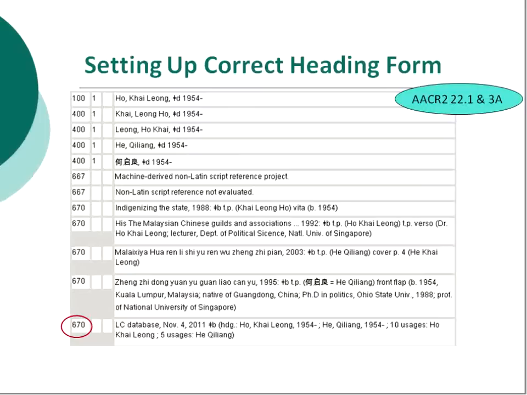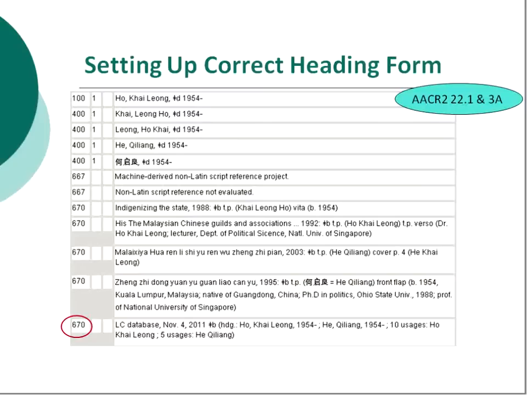If you look at the last 670 field, the cataloger has noted the usages, and we see there are 10 usages under the form of HO, and 5 usages under the form of HE.